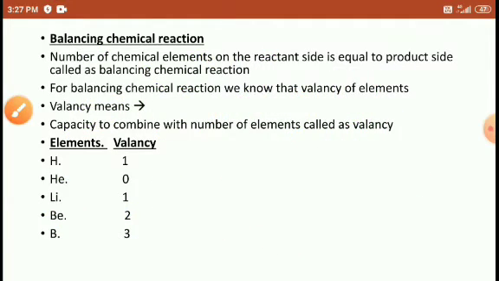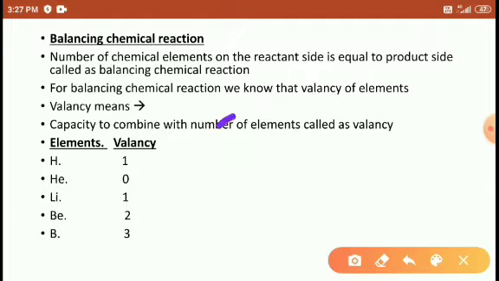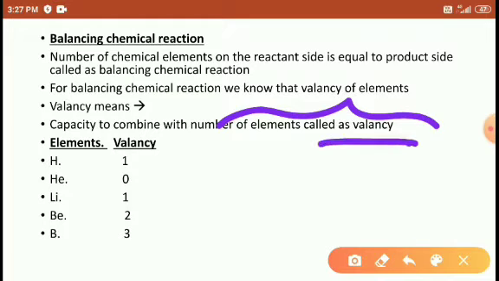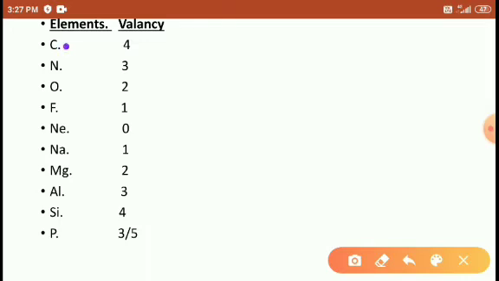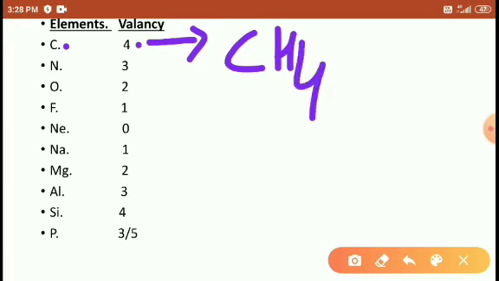Right. So we have to know the valency. With the help of valency, it is easy to balance chemical reactions. So before balancing a chemical reaction, we have to know the element and its valency. Similarly, students, carbon valency 4 means it bonds with 4 species, for example, carbon bonds with 4 hydrogen, CH4.